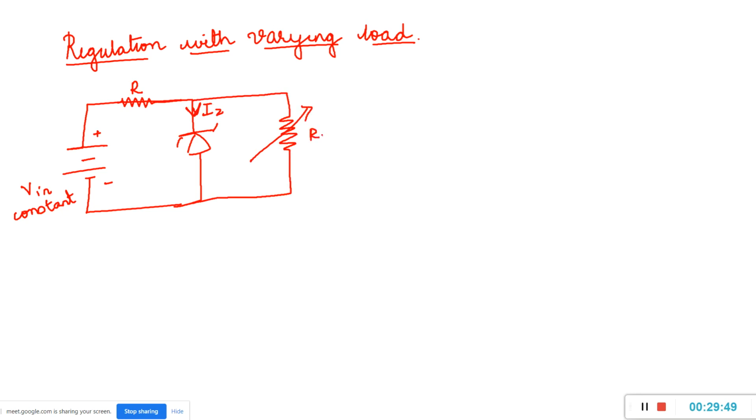Vary the load resistance RL. This is IL. So across this point we are going to calculate the V0. V0 is equal to Vz you should get. So this is showing a Zener regulator under varying load condition and a constant input voltage.